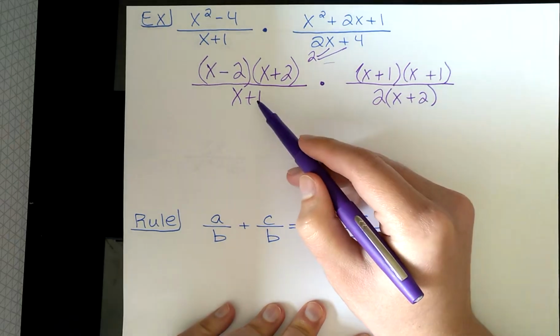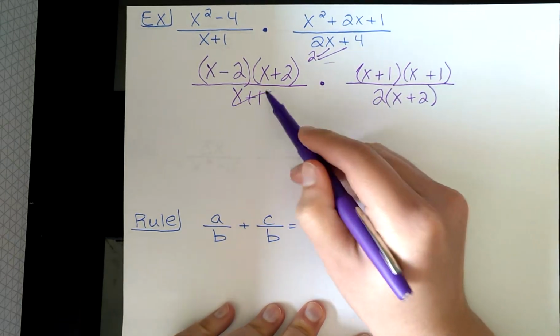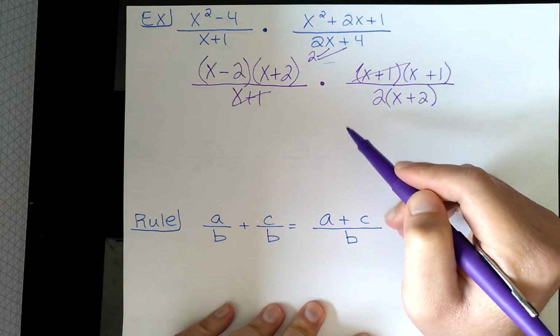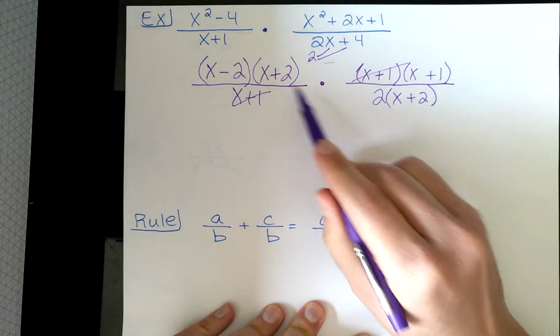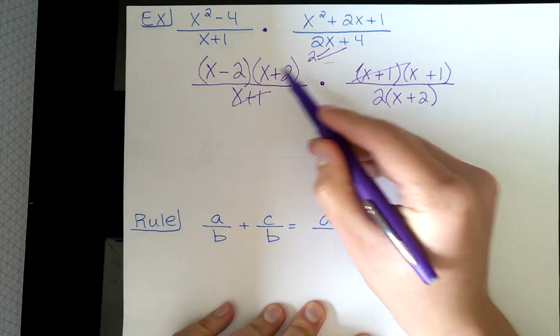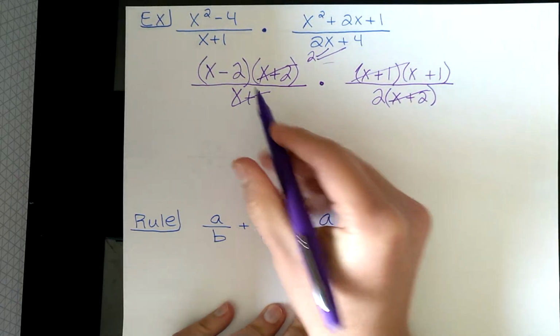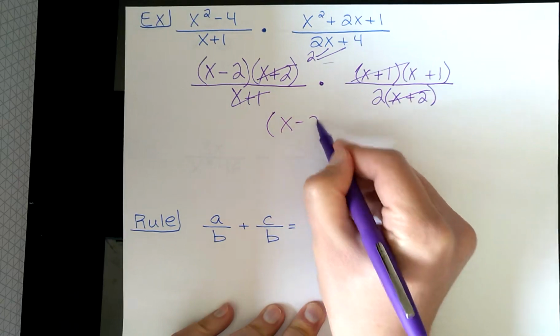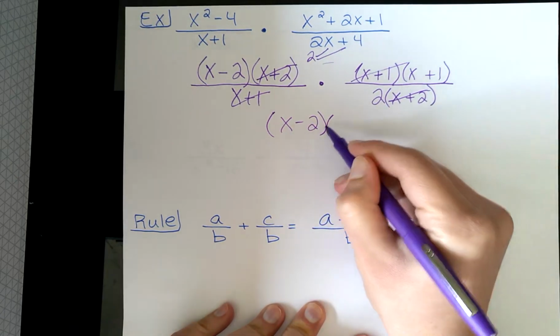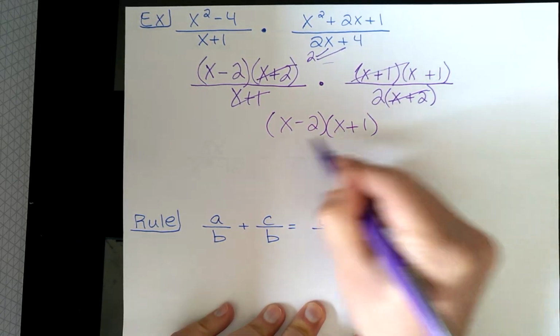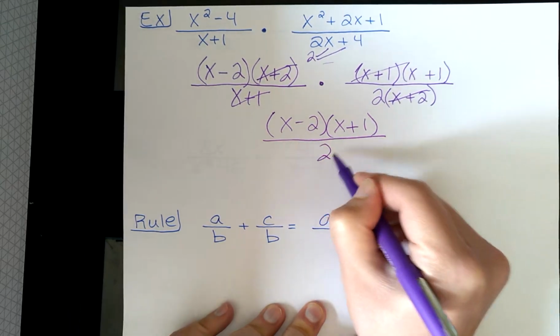We have an x plus 1 in the top and bottom that we're going to cancel out, and we also have an x plus 2 in the top and bottom that we can also cancel out, which leaves us with just x minus 2 times x plus 1 all over 2.